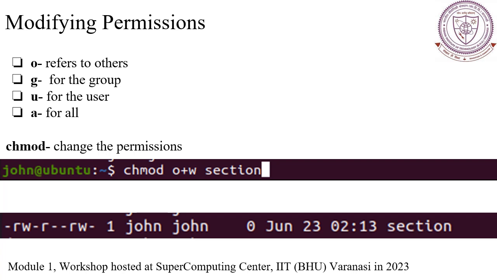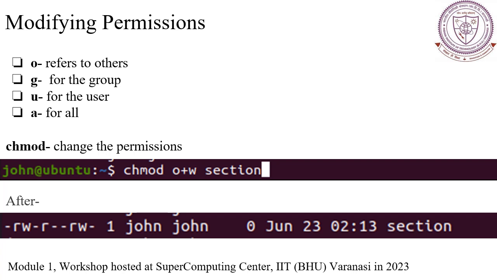To use the chmod command, you need to specify the permission that you want to change and the file or directory name that you want to change the permission for. The permission can be specified using the following symbols. U means user, G means group, O means other, A means all.